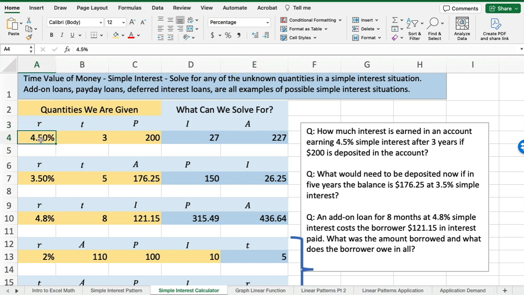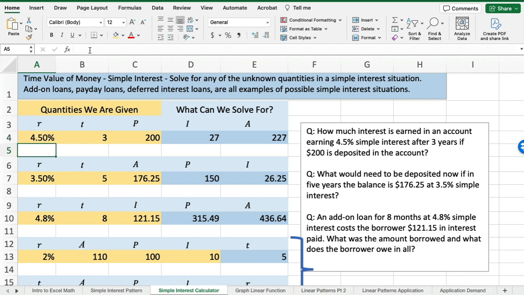The other thing I want you to notice is that Excel or any spreadsheet will allow you to enter a number in the form of a percent without having to convert in your head or figure out how to convert from a percent to a decimal. You literally just type the number in as it's given in the problem. So I just typed in 4.5 and then I used the percent key and hit enter.